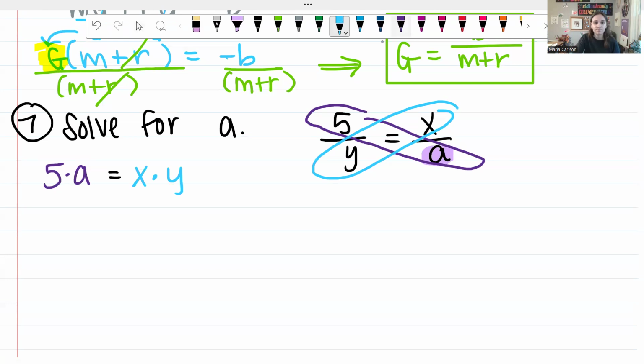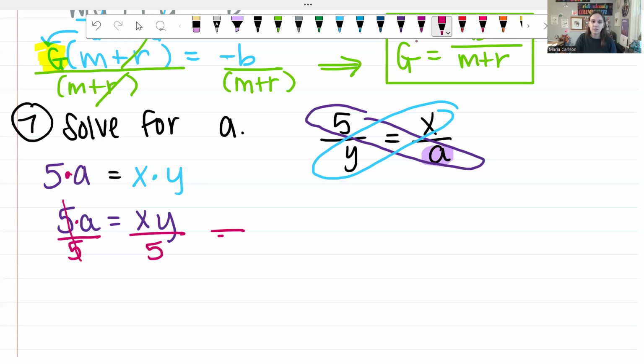So 5a equals xy. Now I have an equation I might be able to more easily solve. This is just multiplication, so I can undo it by dividing both sides by 5. The 5s will cancel, and a is equal to x times y divided by 5.